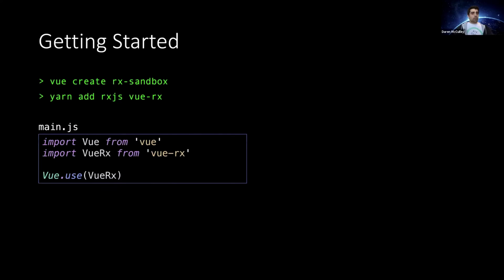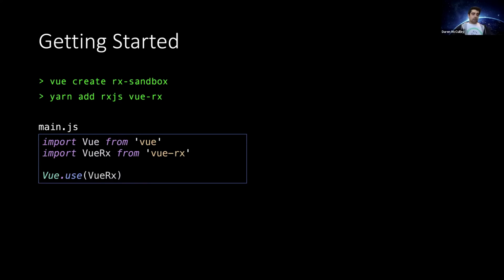To get started with RxJS and Vue-rx, I recommend building a sandbox project. I will often turn to these sandbox projects when I run into issues inside of larger applications and I need to test some code inside of an environment with access to all of the same node modules, but without any of the application's existing baggage or bugs.